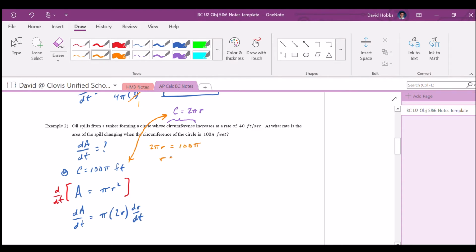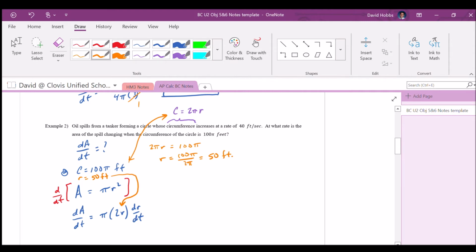So radius would be 100 pi over 2 pi, which is 50 feet. So that answers one question right there. When the circumference is 100 pi, the radius is 50 feet. So I can plug in 50 feet for my r, but I still don't know my dr/dt.